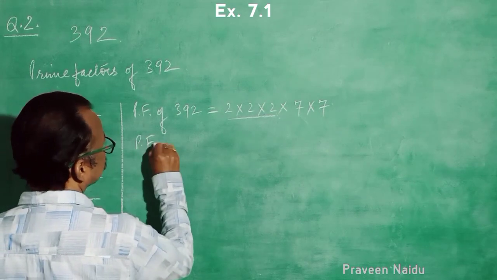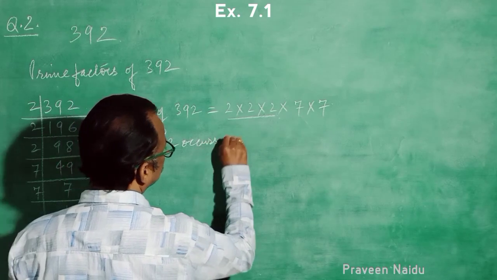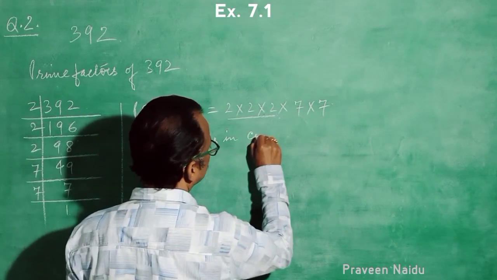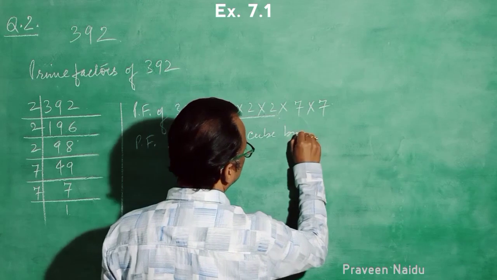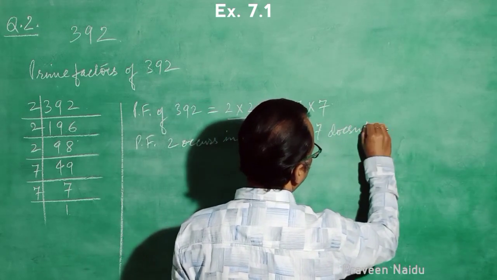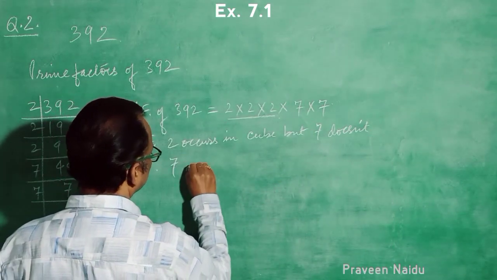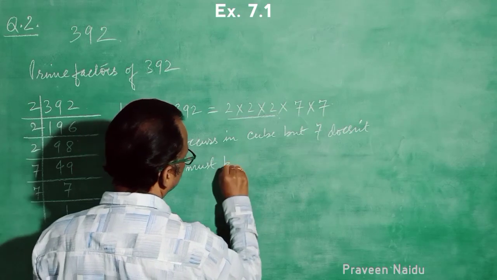So it is clear that the prime factors 2 occur in cubes. That means they occur in a set of cubes. But 7 does not.